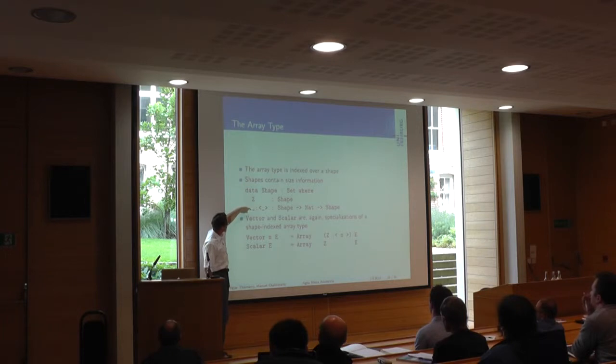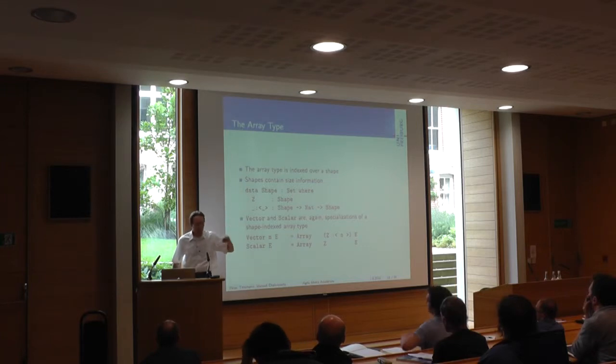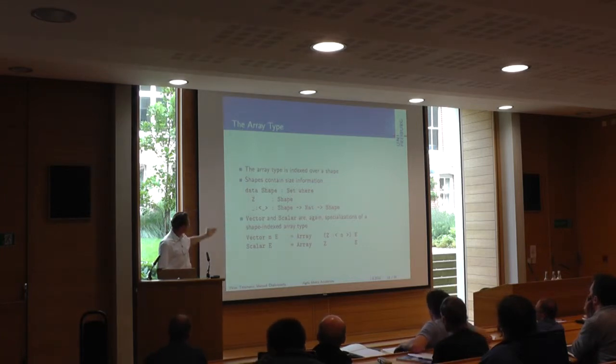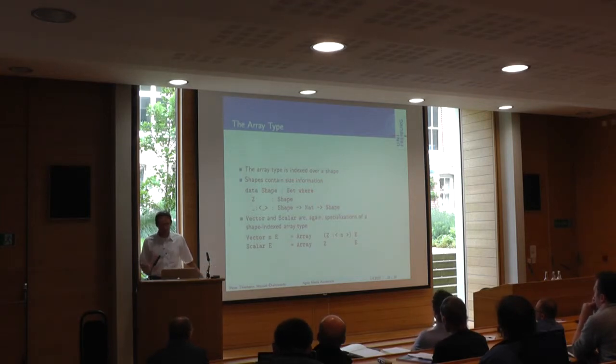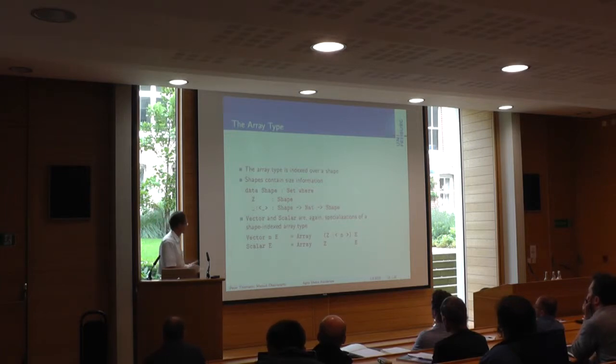And the second one is that now you can have a constructor for the shape which actually includes the size of the dimension. Then vector and scalar are just like in the Haskell version, specializations of the shape-indexed array type. So it looks pretty much the same here.